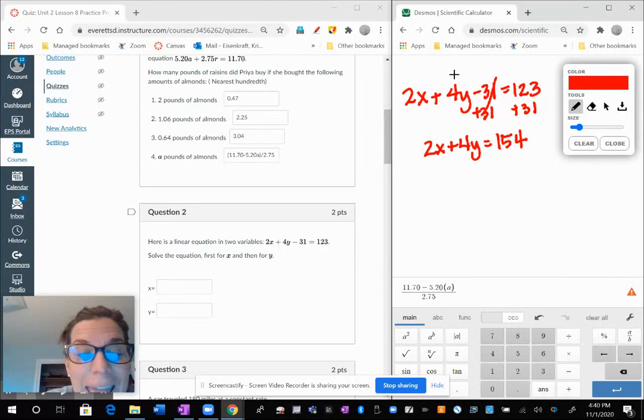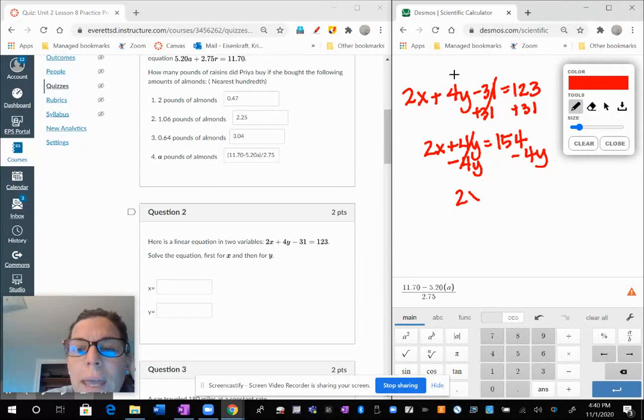This is being added to this side, so I'm going to subtract it. Some of you might go, shouldn't you divide? You would divide if you wanted to get y alone and move it away from the 4. But you're trying to get this whole term away from 2x. So it was added, so you just think of it as a number, okay?